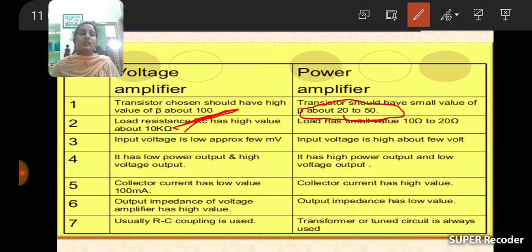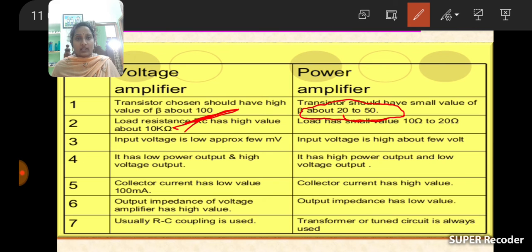So compared to a voltage amplifier, the gain of a power amplifier is somewhat less.